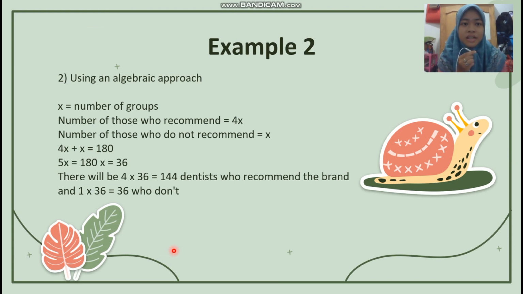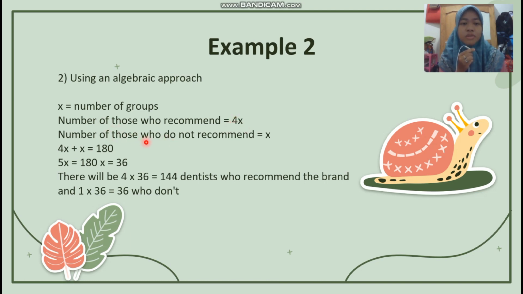Next, the second way is we can use an algebraic approach. Example, x equals the number of groups, and the number of those who recommend is 4x.